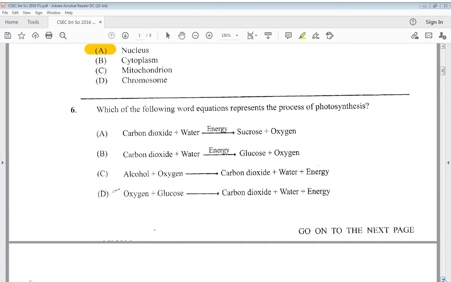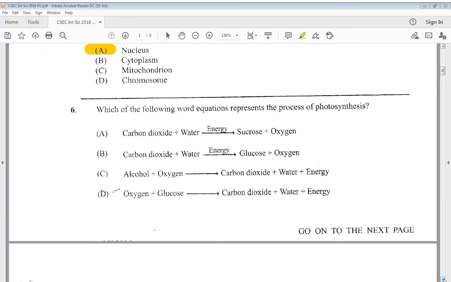Let's move on to question number 6. Which of the following word equations represents the process of photosynthesis? Is it A, carbon dioxide plus water gives energy, sucrose plus oxygen?